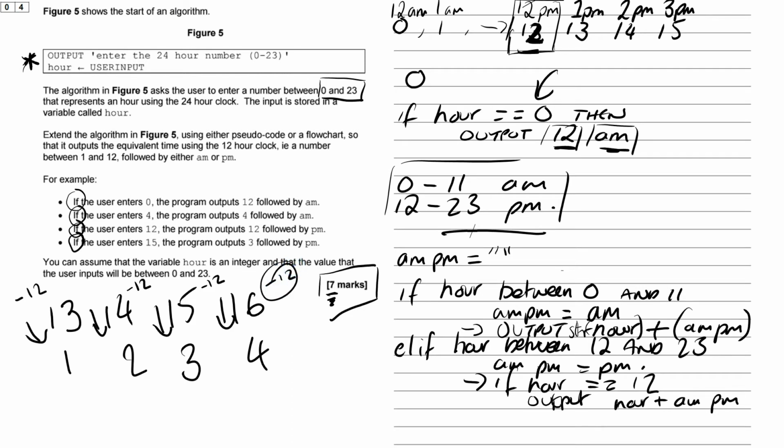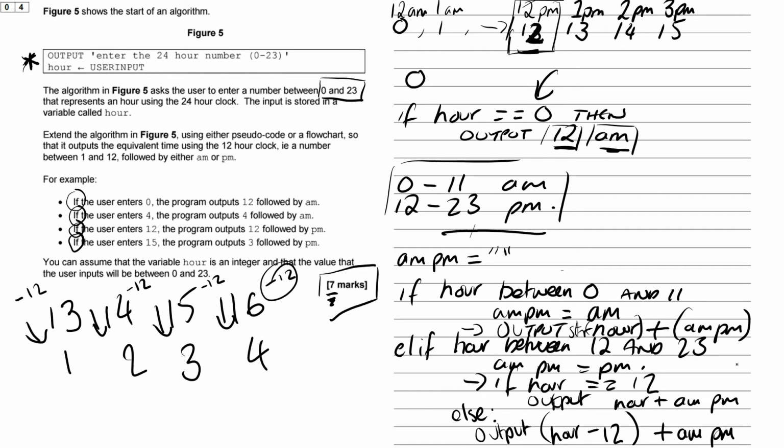It's taking away 12. So for this one, we'll have there at the end an else output hour minus 12 plus AM PM. And that does solve the problem.